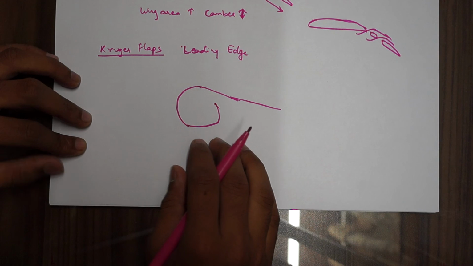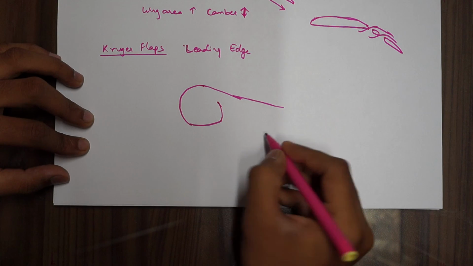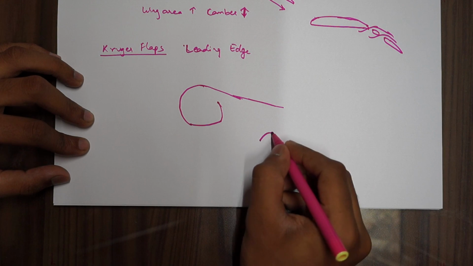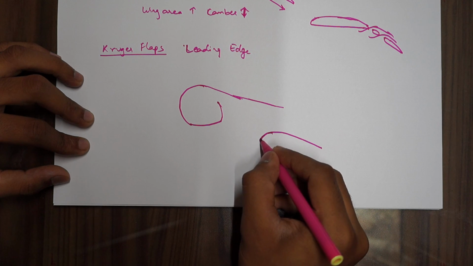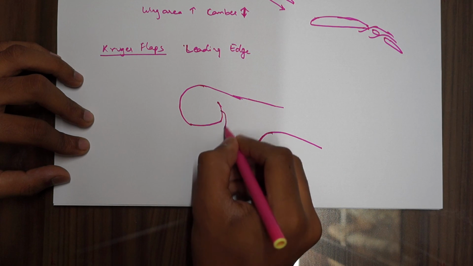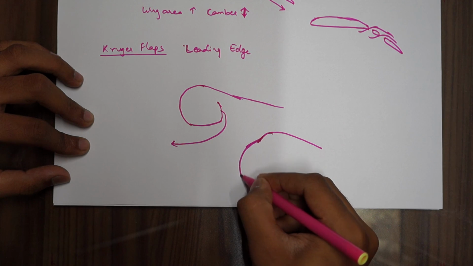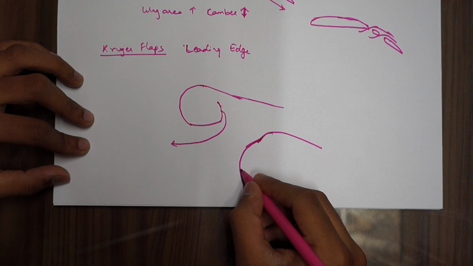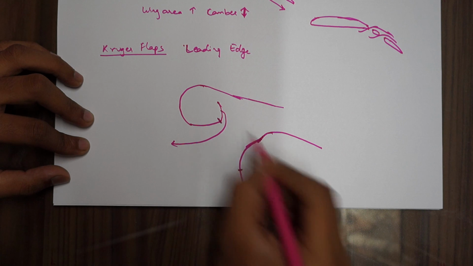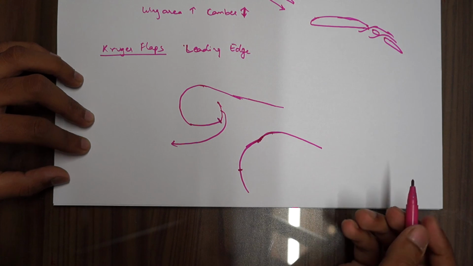When it is deployed, this thing comes like this, it opens up and forms like this. There's a joint here, this joint opens up and forms like this.